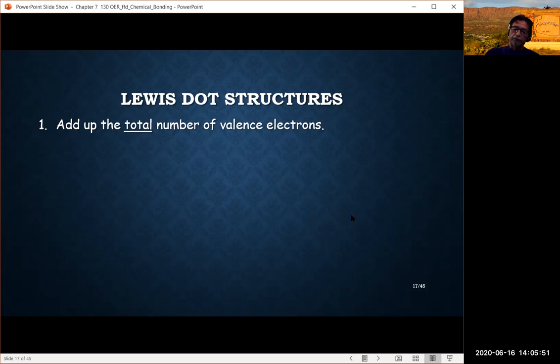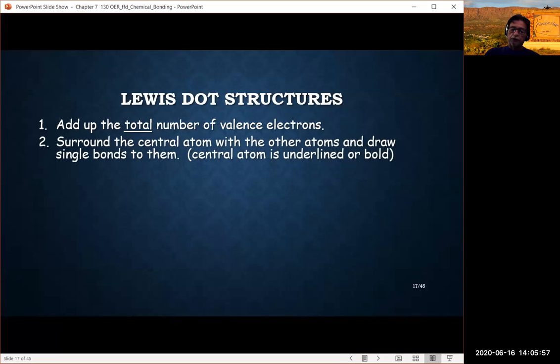So we tally up the number of valence electrons that every atom brings to the structure, okay? You're told what the central atom is, and so we can very quickly, given the structure, draw the central atom, and then draw all the other atoms bonded to the central atom. We can quickly draw a line.